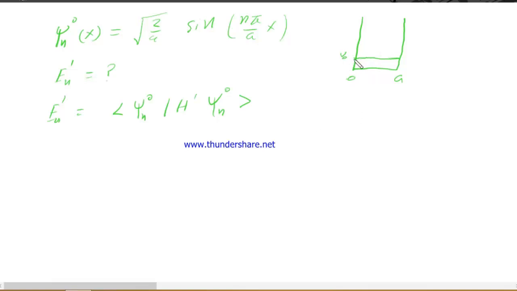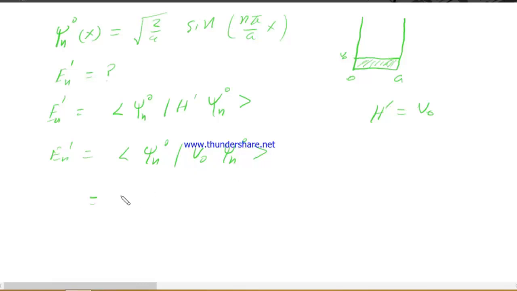So this is a perturbation. This region is the perturbed region, and here H dash is equal to V0. Then E n1 can be written as psi n0 V0 psi n0, and that's it.